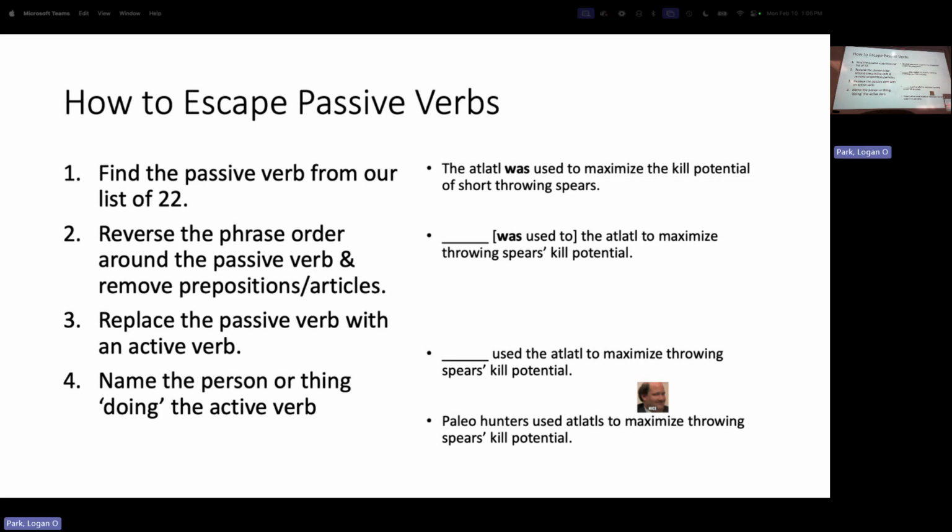But in active voice construction, it says the same thing with less fat. So down at the bottom, we have the example: paleo hunters use atlatls to maximize throwing spears' kill potential. It's a 1-word verb instead of 3. So that's less for somebody to keep in their brain. More efficient.